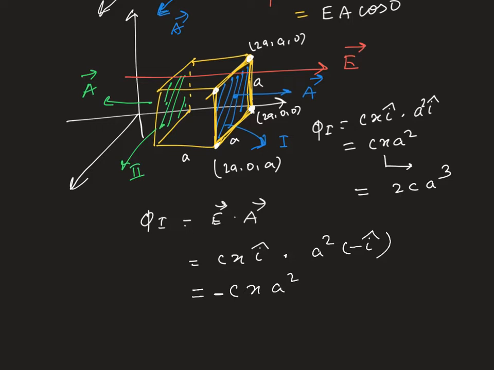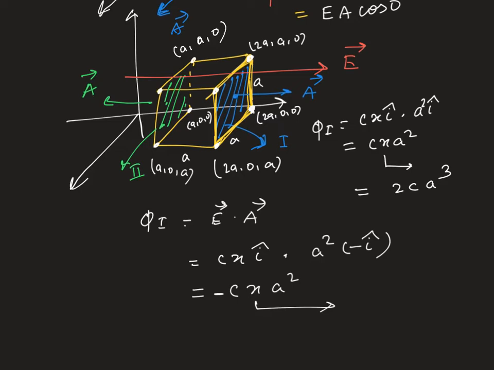And what is the value of x here? In order to find the value of x here, we need to understand the coordinates. So if you remember the coordinates of these points, this coordinate was a comma 0 comma 0, and this coordinate here was a comma 0 comma a, and this coordinate here was a comma a comma 0.